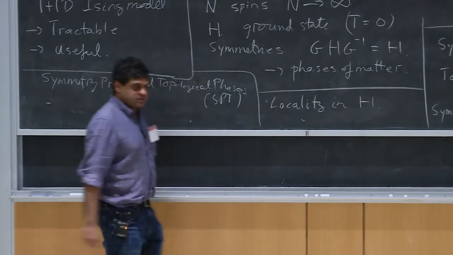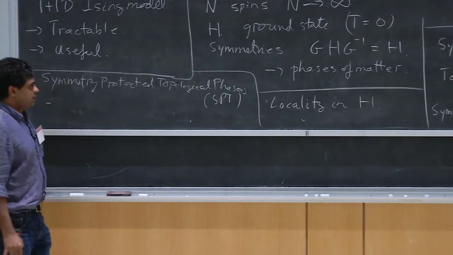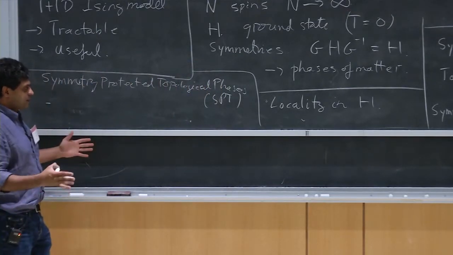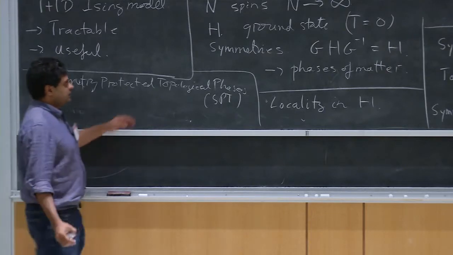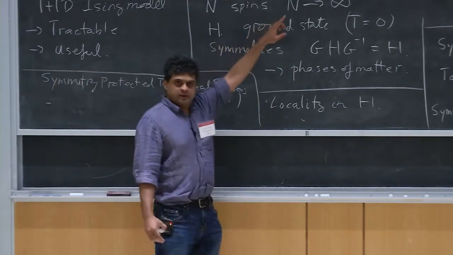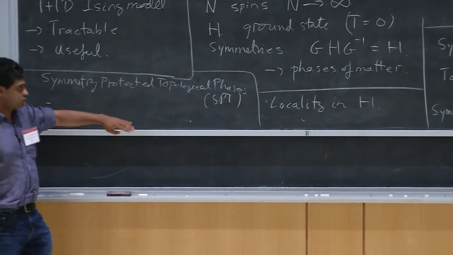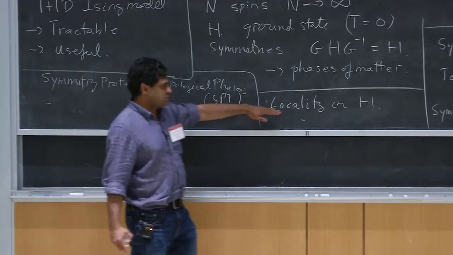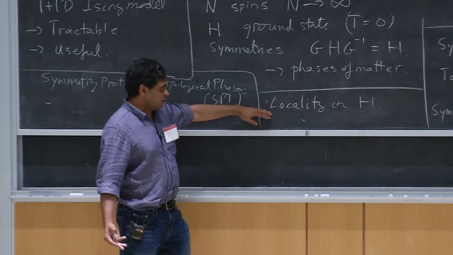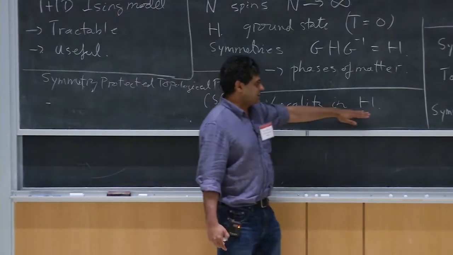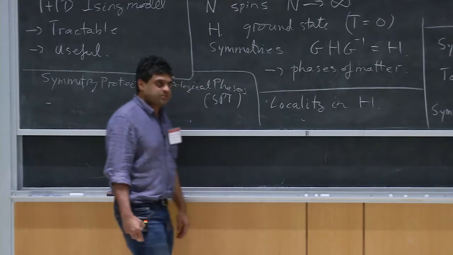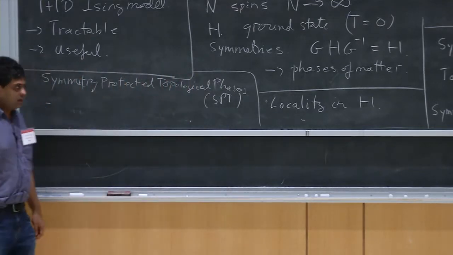The interactions that appear in H respect the fact that the degrees of freedom are actually embedded in a space of certain dimensionality. There's a notion of which spin is close to another spin and which ones are far away, and this is reflected in what couplings appear in your Hamiltonian.